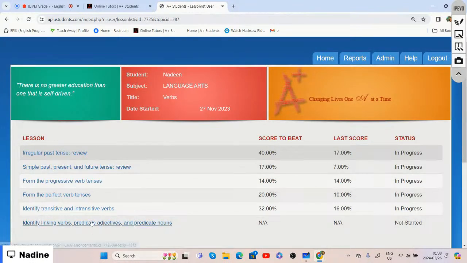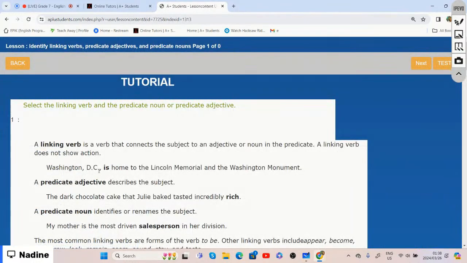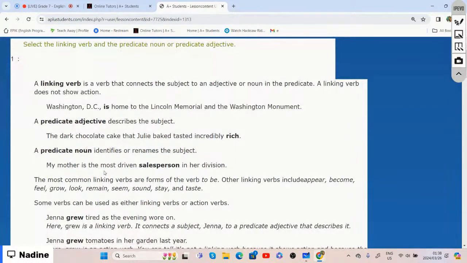All right, so now we're going to identify linking verbs, predicate adjectives, as well as predicate nouns. We have linking verbs. We also have helping verbs. We have main verbs. We have transitive and intransitive verbs.